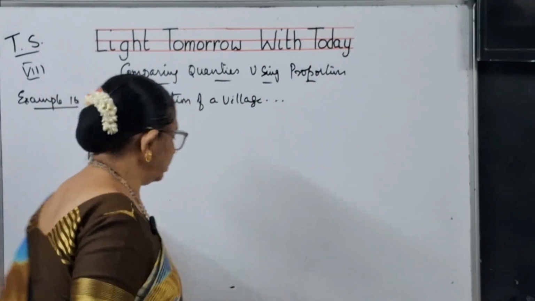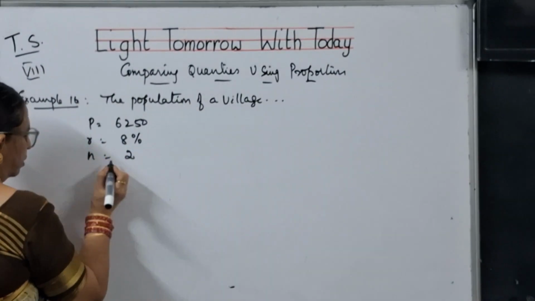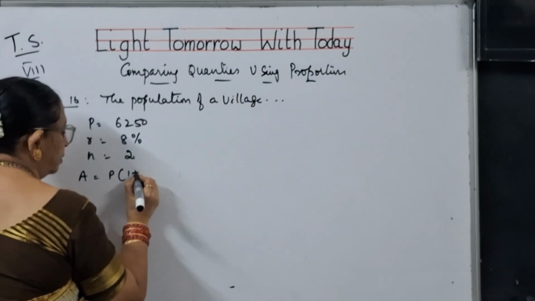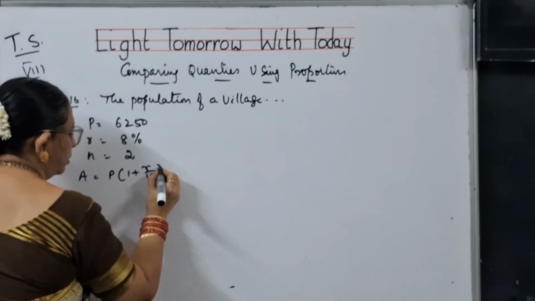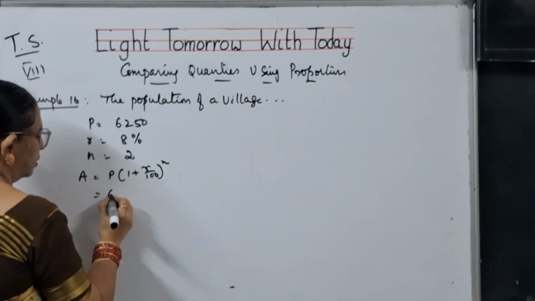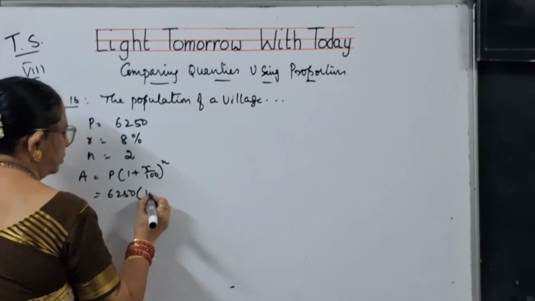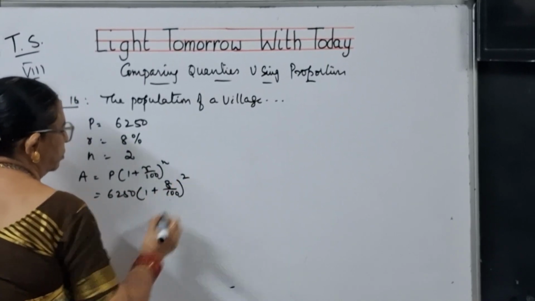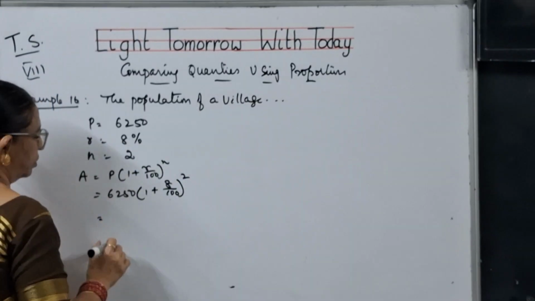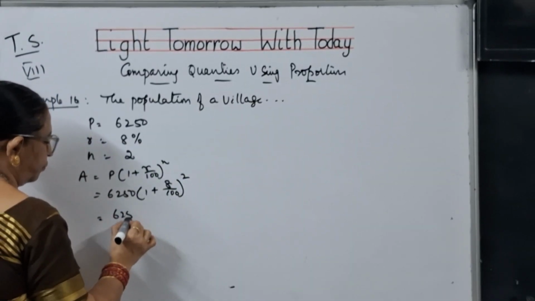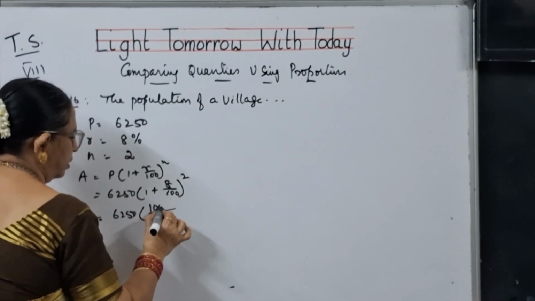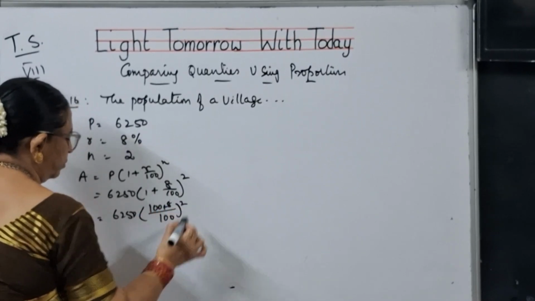So definitely you need to go for the compound interest formula. A is equal to P into 1 plus R by 100 whole to the power of n. 6250 into 1 plus 8 by 100 whole square. So you can write it as 6250 into 100 plus 8 over 100, whole square.